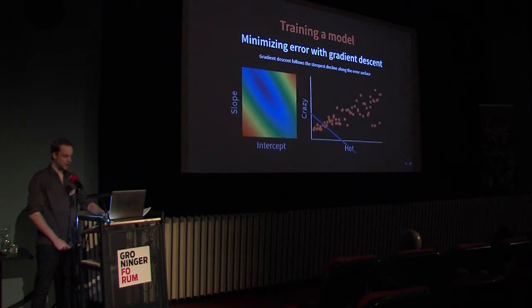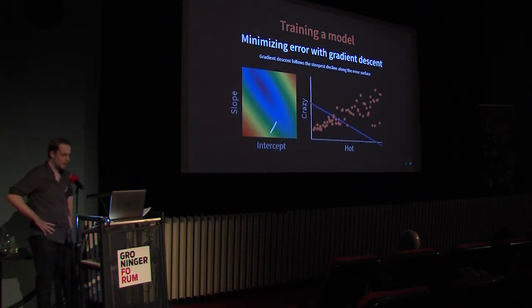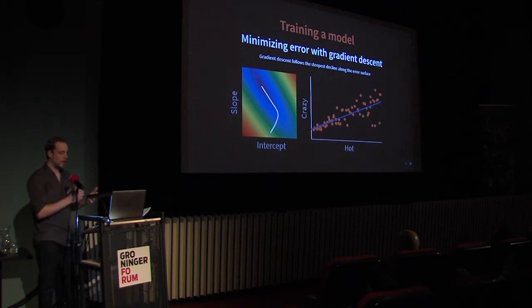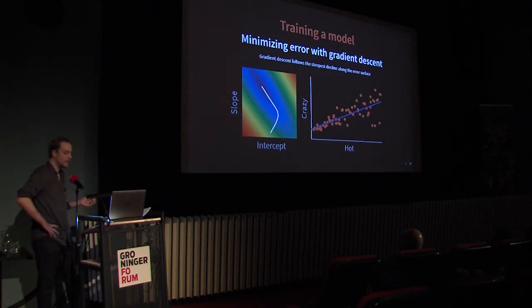So here comes a little animation. And what you see here is how the model iteratively learns how to tune the line to closely match the dots. And on the right, we have the same graph we saw before with hot and crazy, but on the left, we have the intercept, so that's where the line crosses the y-axis, and the slope plotted on a chart.